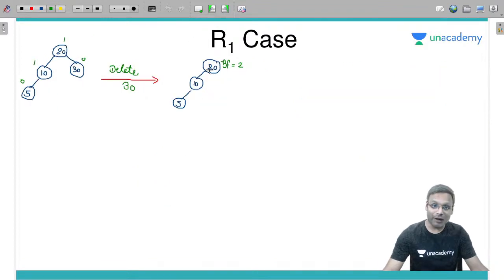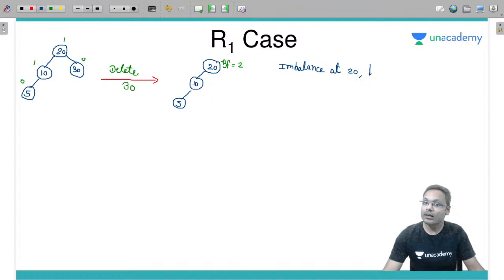R1 case, if I have deleted the node 30, after deletion of 30, the tree becomes like this. Balance factor at 20 is 2. Yes, imbalance. Where is the imbalance? At 20. So I am writing imbalance at 20. Why we have imbalance at 20?